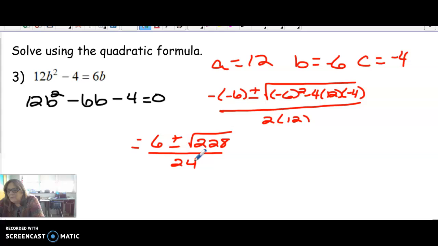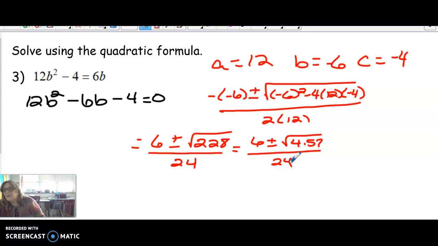In trying that, I did 228 divided by 4. So that's 4 times 57, and 57 is not a perfect square, and there's no perfect square that will go into 57.